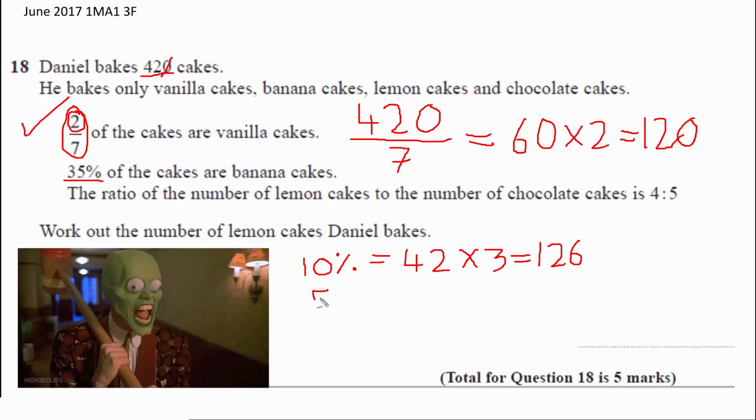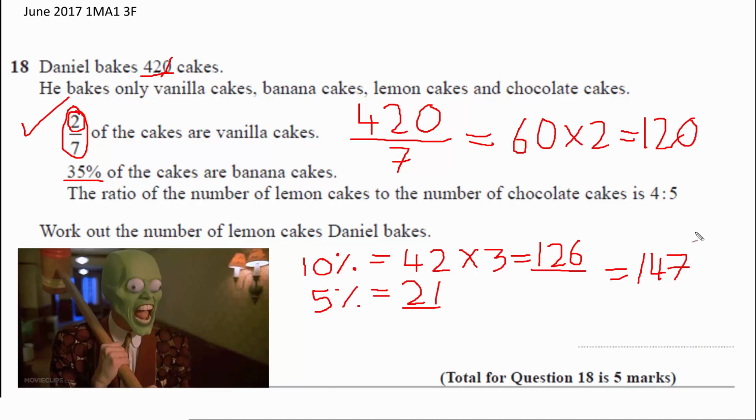So we're not quite there, we need that extra 5%. So a nice easy way to calculate my 5% of 420 is if I know that 10% is 42, then 5% is going to be half of that, so half of 42 is 21. So if I add my 30% and my 5% together, I'm going to have 147 banana cakes.